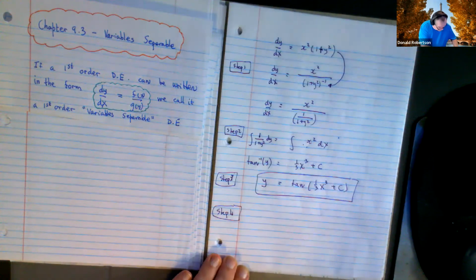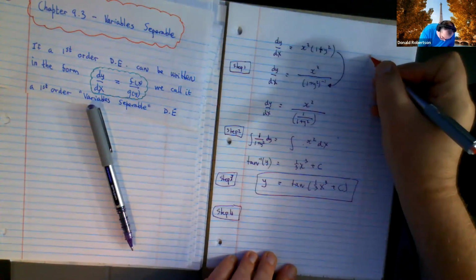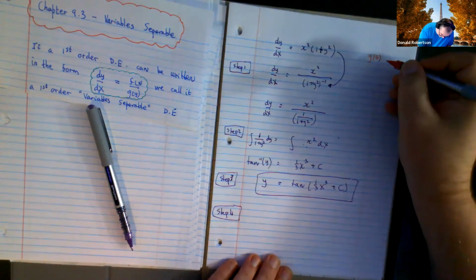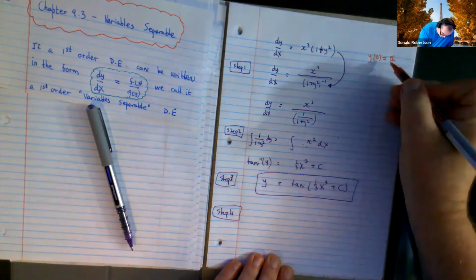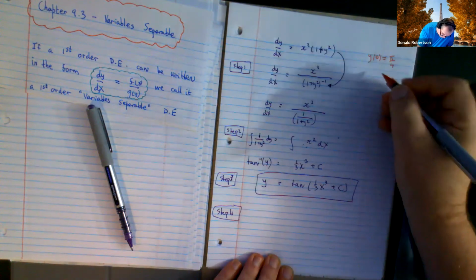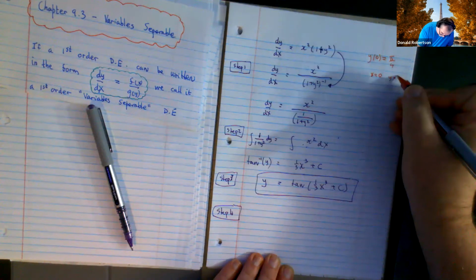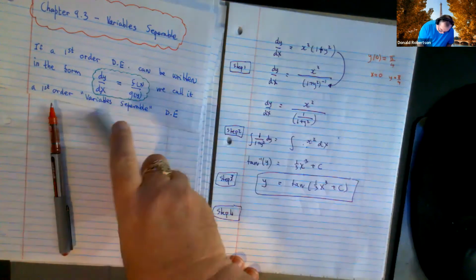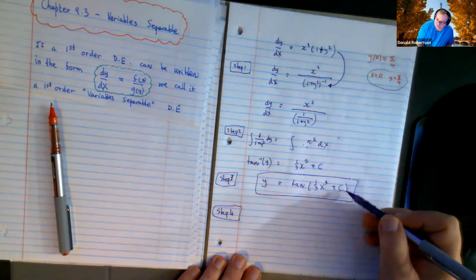Now, there will be, but not today, a step 4. Step 4 will happen when you're given a differential equation and you're told something like y of 0 is equal to, I don't know, pi over 4 or something. Now, when you're given this extra, it's called a boundary condition. What you're saying is that when x is 0, y is pi upon 4. And if that did happen, this piece of information allows us to find out what number c is.